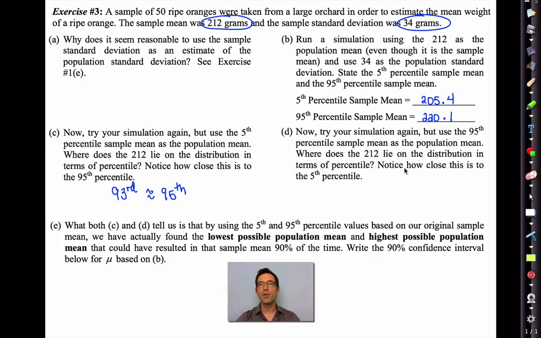And we even came closer here when we used the 220.102. What we found was that the 212 was at roughly the 6th percentile. Now, what's the point here?